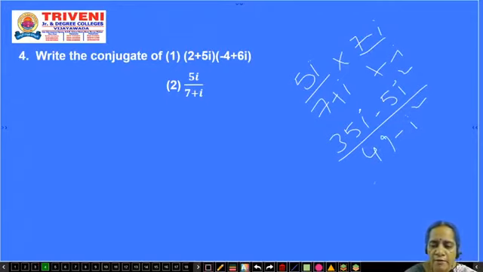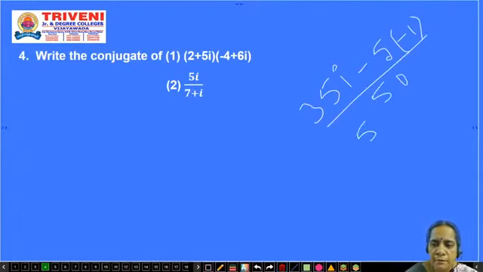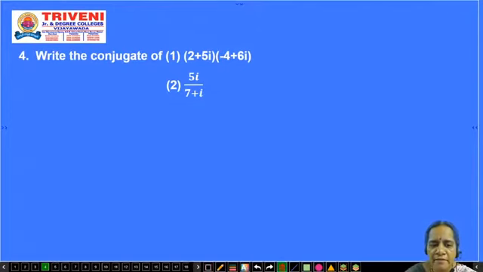Then what do we get here? 35i minus 5 into the value of i square, which is minus 1, by 50. That is equal to 5 plus 35i by 50. This is the complex conjugate of 5i by 7 plus i.